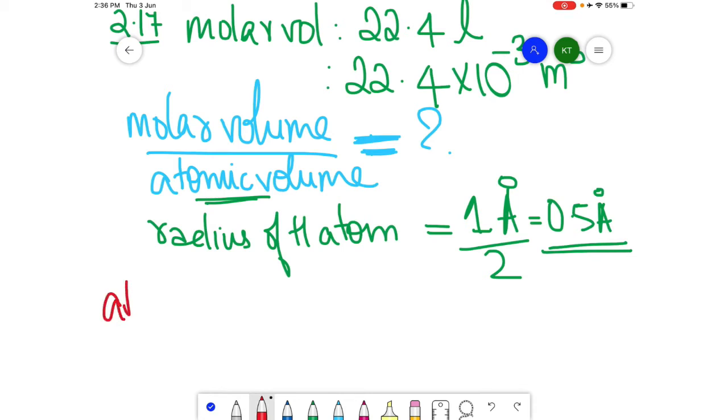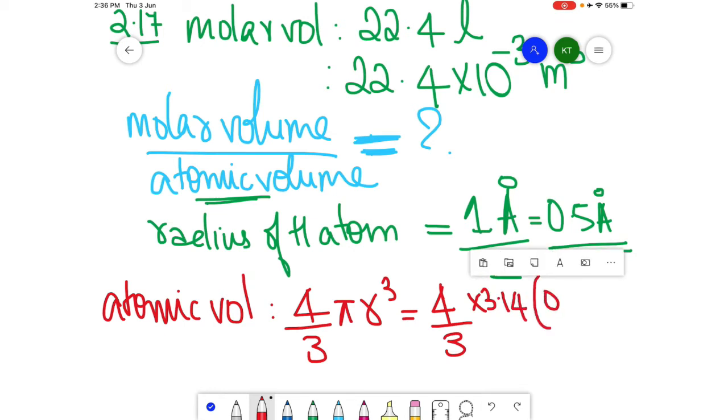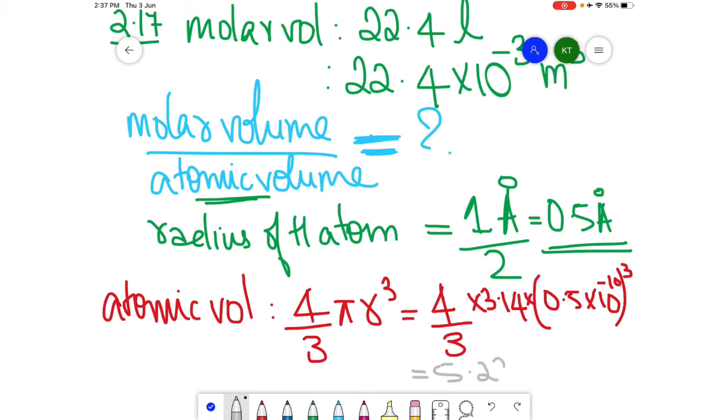Now you have to calculate the atomic volume. Like we solved before, the hydrogen atom's volume is the volume of a sphere, so we can use 4 by 3 pi r cube. It is 4 by 3 into 3.14 into 0.5 into 10 power minus 10 the whole cube. So we'll get the answer 5.23 into 10 power minus 31 meter cube.